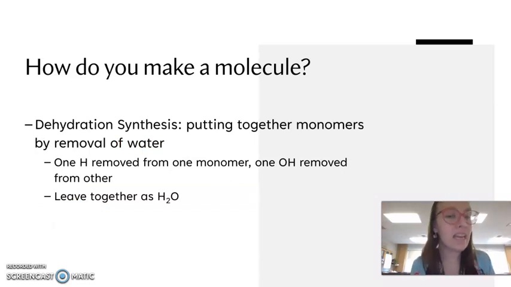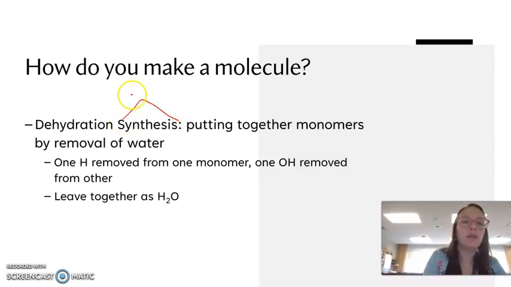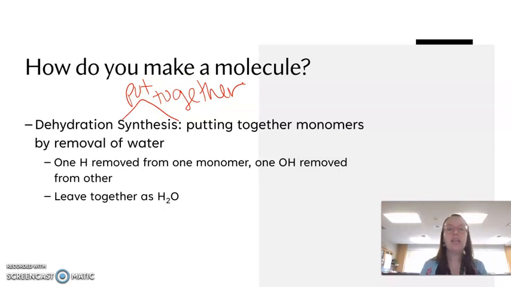Okay, well, how do we do that? How do we make these macromolecules? And we do that through a process called dehydration synthesis. To synthesize is to put together. So that's what this means. Synthesis is to put together. And dehydration is literally taking away water.